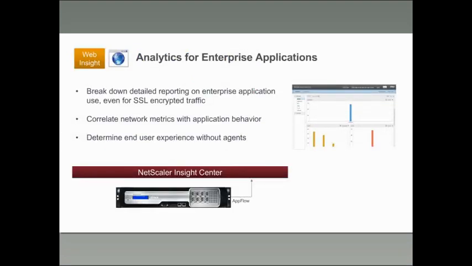One of the last things I'm going to be talking about here is analytics. Because we are in the flow of the traffic or the communication between the end users and the data center's resources that you're trying to access, there's a tremendous amount of analytics that we can go after with that traffic.